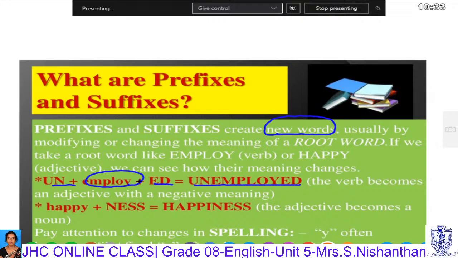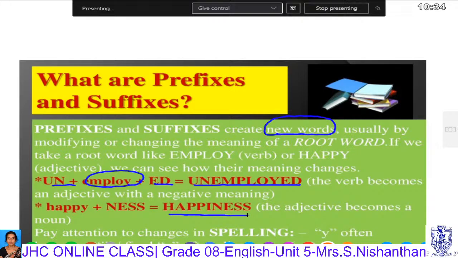Happy plus ness. Happy is an adjective. Happy child, happy man. Here, happy plus the suffix ness is added, and now happiness, the adjective, becomes a noun.